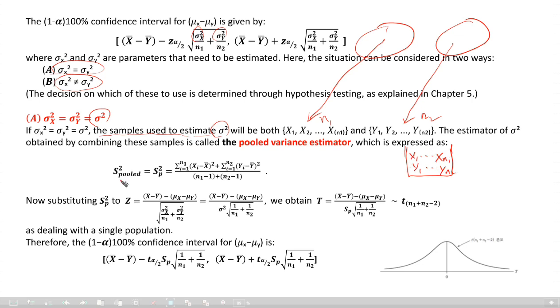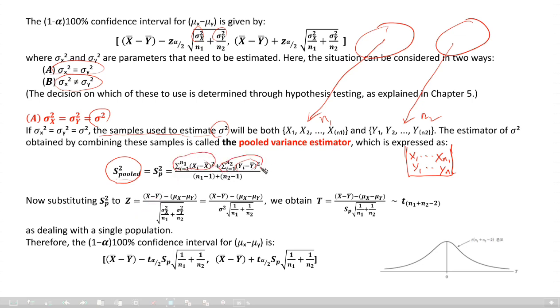This is the pooled variance estimator S square, with subscript p, shortly Sp square. Then how to do it? The x deviations squared plus the y deviations squared, summed and divided by the degrees of freedom. How many degrees of freedom? From here, degrees of freedom is n1 minus 1.